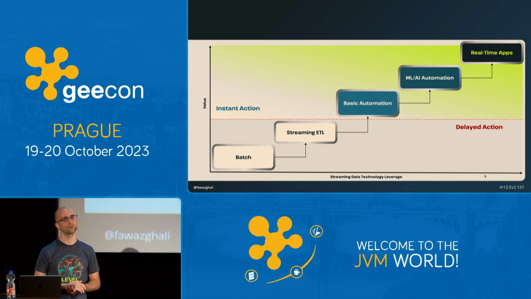Yeah, it used to work fine in the early 2000s, but we want to shift across this dotted horizontal line you see on the screen. We want to move from delayed action to instant action. So what do we mean by instant? Essentially, you need to process the data as soon as you receive it.